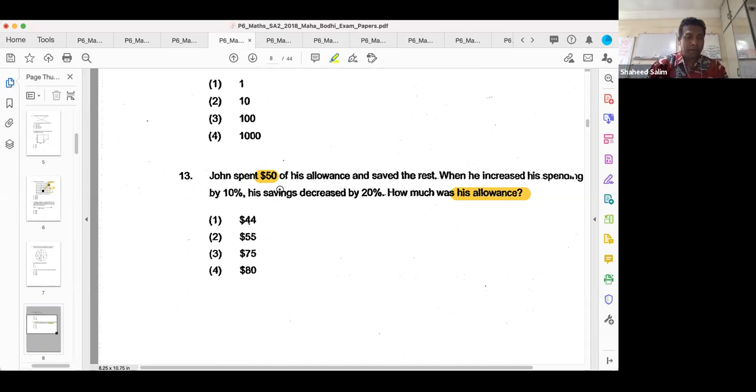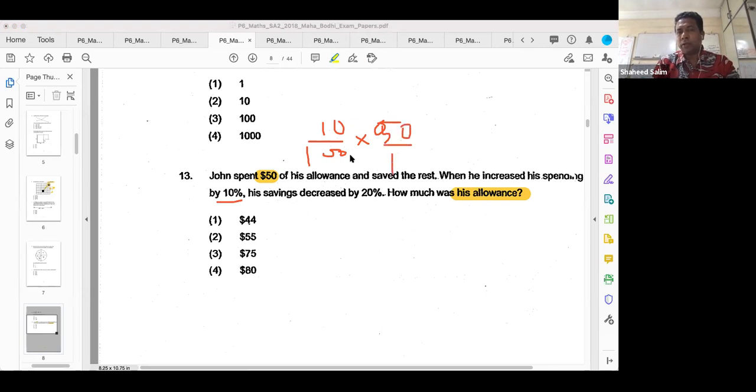Okay, Putri Karissa, well done. So we go one by one, okay? Okay, this one is a little bit tricky. Now let us first of all find out. He increased his spending by 10%. So I find 10% times 50. Then what do I get?